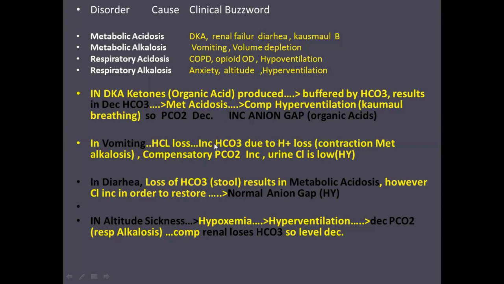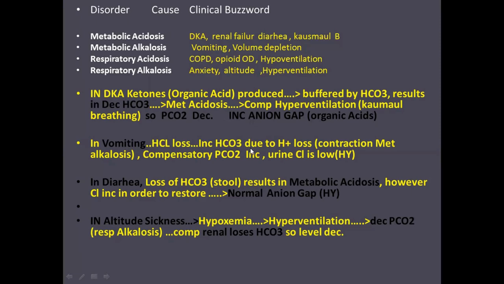How is bicarbonate increased? Because bicarbonate buffers your hydrogen. So whenever there is no hydrogen or less hydrogen, bicarbonate is not consumed in buffering. It remains in its bicarbonate form.